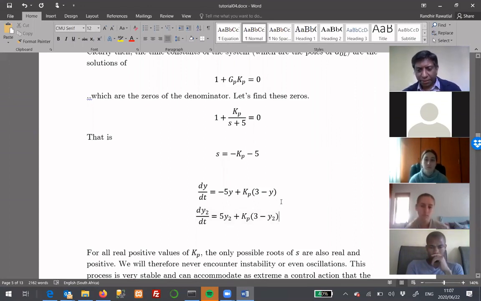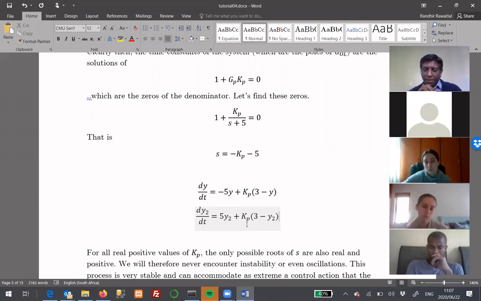So the takeaway from all this is that Kp is the critical component for us to achieve control in this system. So by choosing the correct values for Kp, we can optimize our system. And there is some optimization to do there.